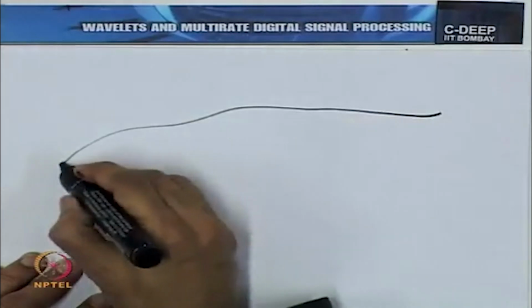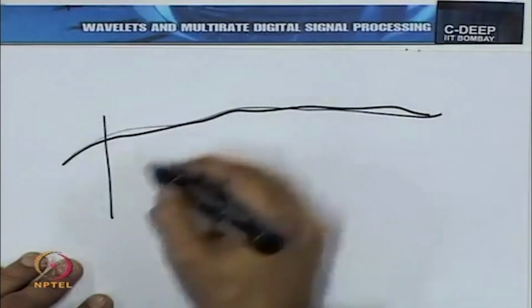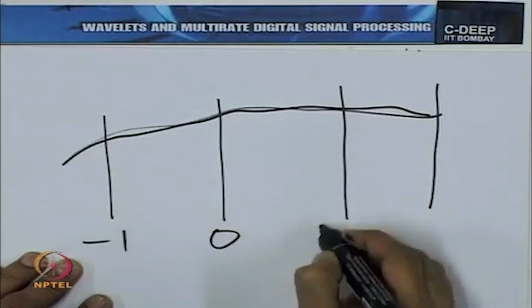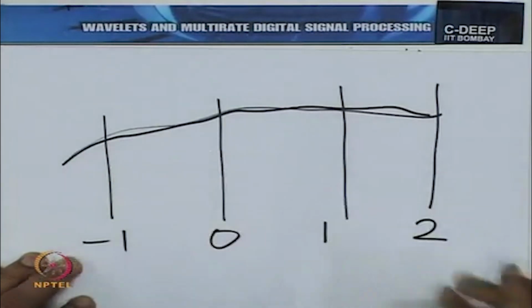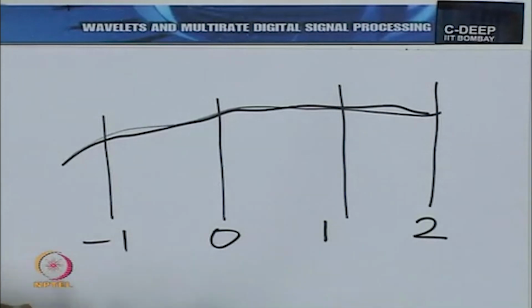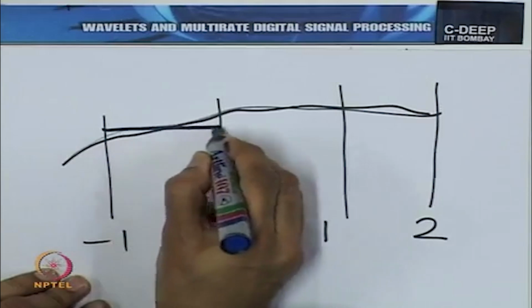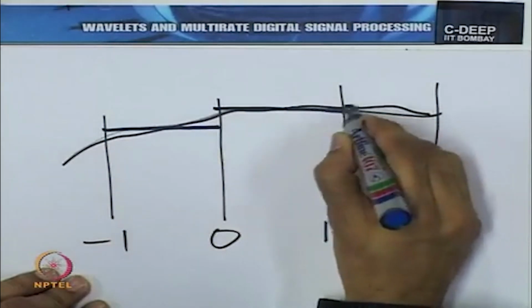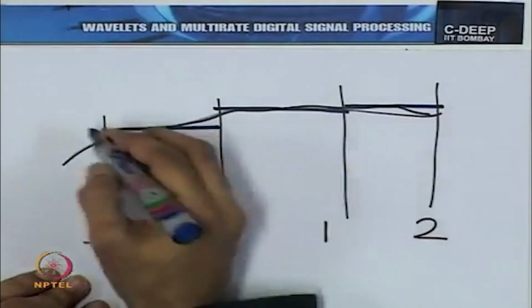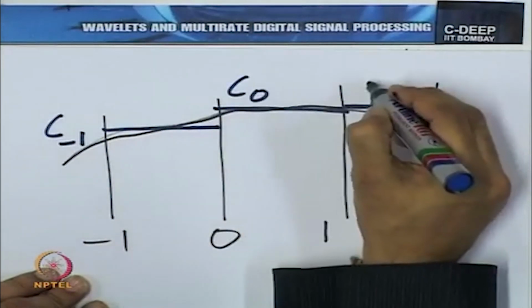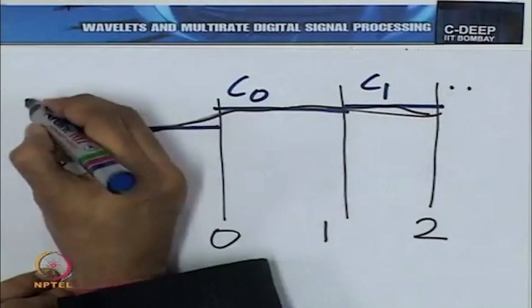So, suppose we have this piecewise constant approximation of this function on intervals of length 1. So, I take the standard unit intervals and I make a piecewise constant representation of a function. So, I have this. Let the values be, let us say, c minus 1 here, c 0 there, c 1 there, and so on and so forth.